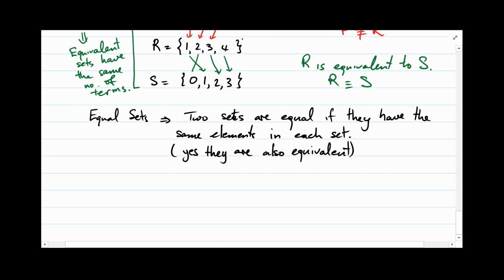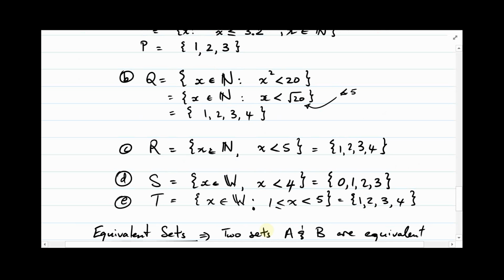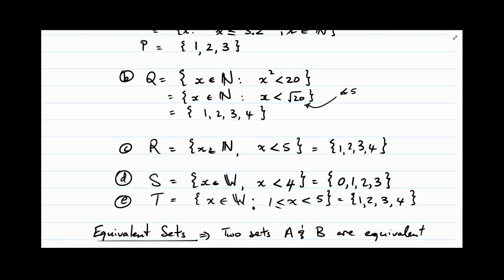So for example, going back to our sets that we had up here, set P is not equivalent or equal to any of the other sets. However, set Q, set R, and set T are identical. They have the same elements, so they're all equal sets.